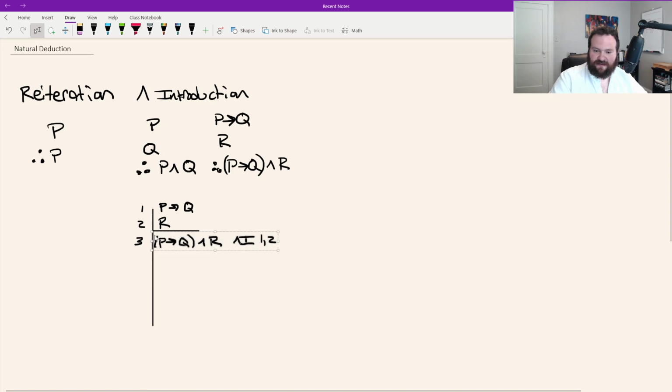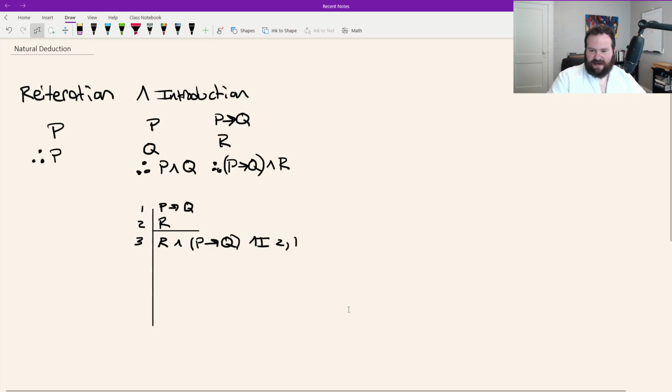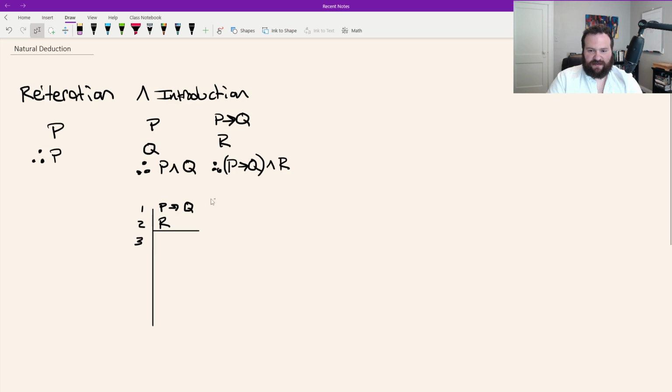You could have derived R and if P, then Q. Okay? And this would be conjunction introduction 2, 1. See? So conjunction introduction, once again, just combines any two lines with a conjunction symbol in between them. Okay? Fairly simple. Now let's look at conjunction elimination.